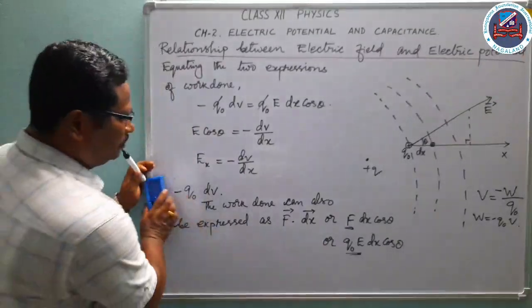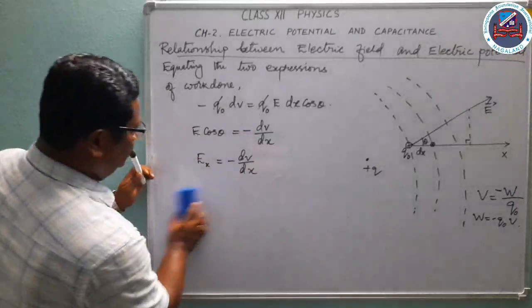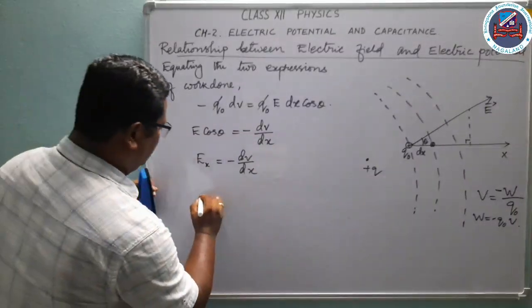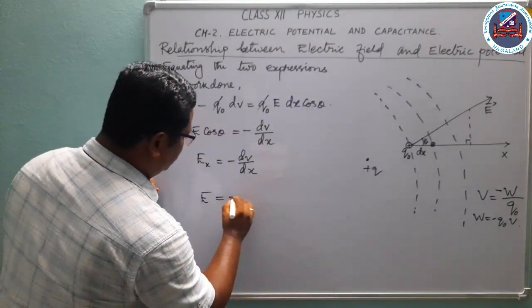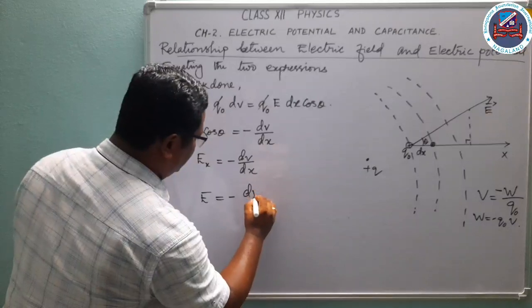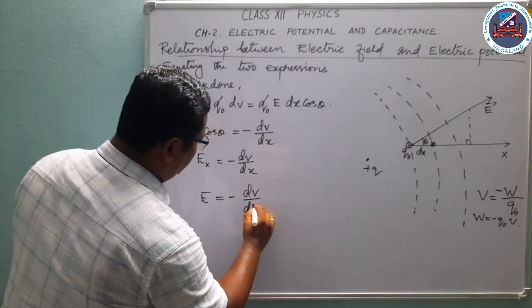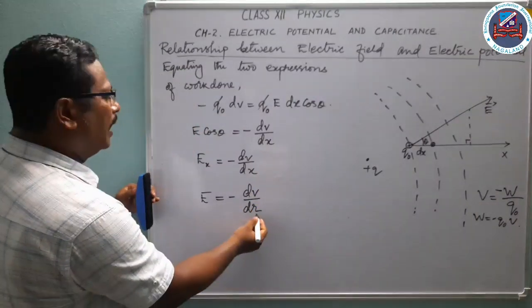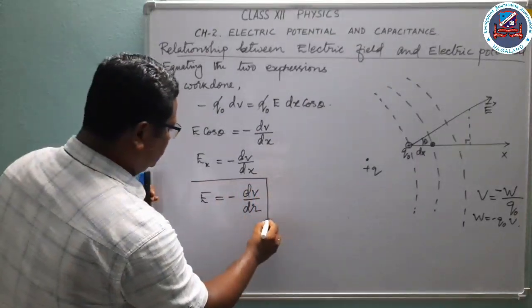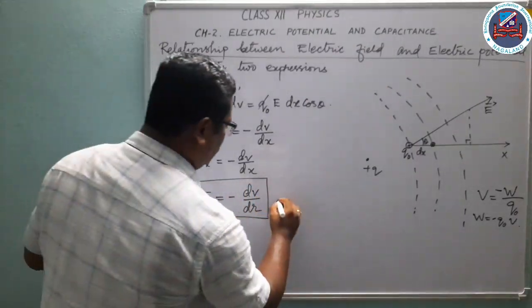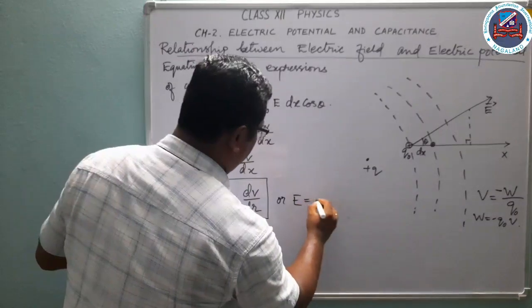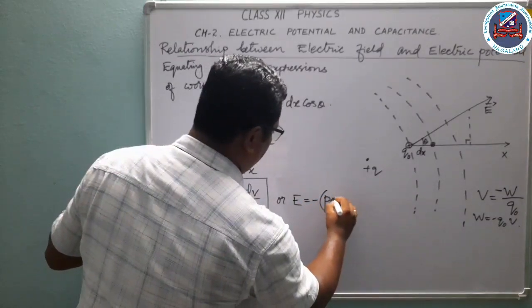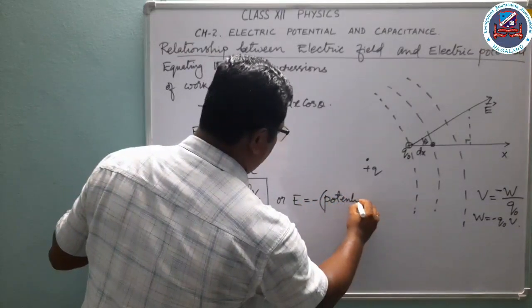This can be written as E, the electric field intensity, is equal to negative gradient of potential. Position we write it as r. So this is to be remembered, or we can write E is equal to minus potential gradient.